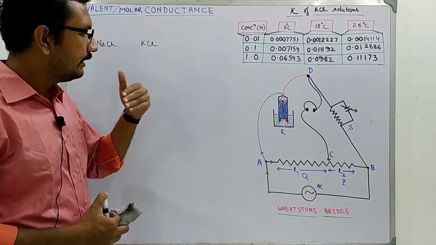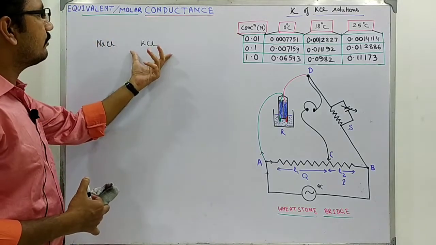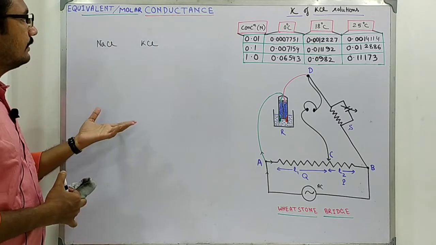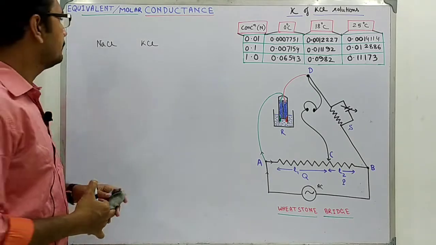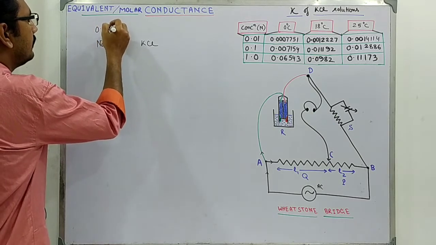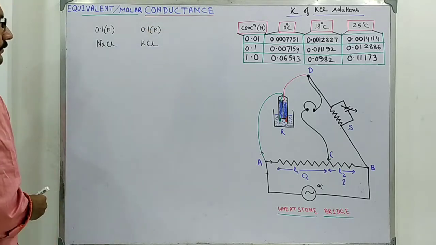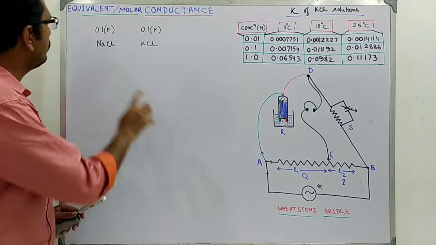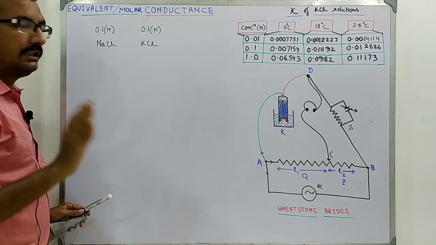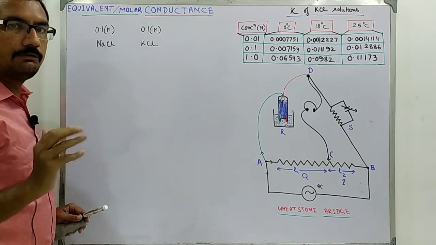So, while comparing the specific conductance of two different electrolytes, so that you know which one has a better conductance, you must also mention that you are using the same concentration for both. You are not allowed to compare 0.1 normal NaCl and 0.5 normal KCl. You can compare only when the concentrations are identical, and you have to mention it.